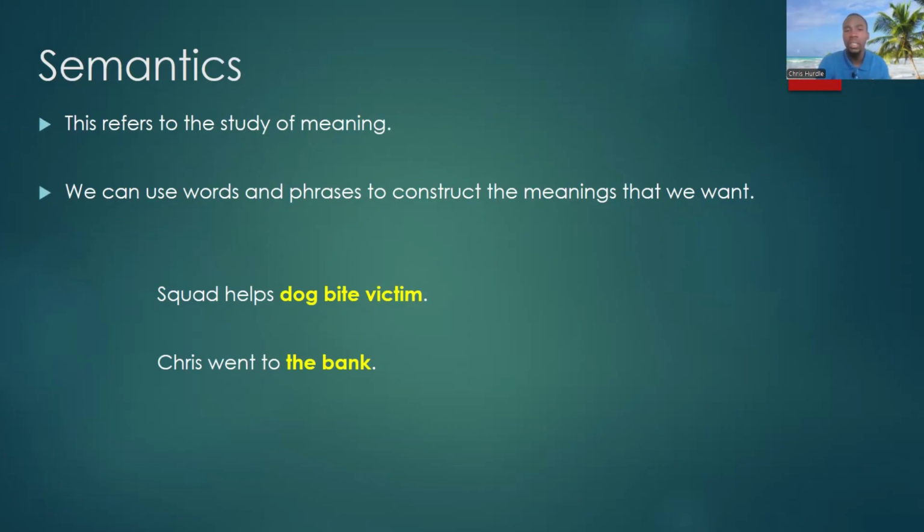In that context, we do not know why they're a victim, but they're a victim. So those are the two interpretations this sentence can have. One, that the squad helps the person who received a dog bite. And the second interpretation is that the squad helps or encourages the dog to bite the victim.